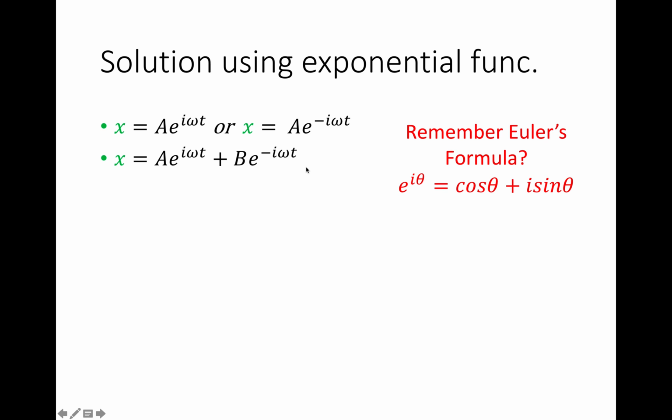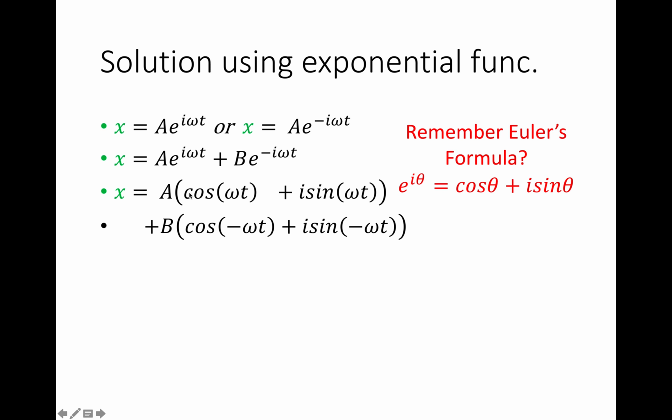So omega t here is theta, and using Euler's formula we change them back to this expression. Getting these two terms together, A plus B times cosine omega t, realize that minus omega t becomes the same as positive omega t for cosine. And also with i, A minus B, i.